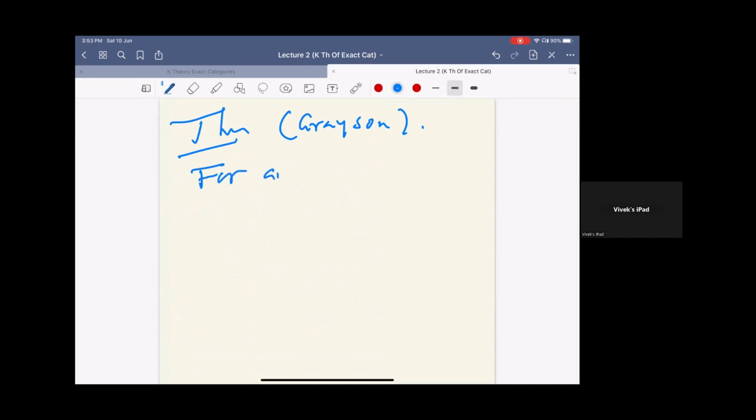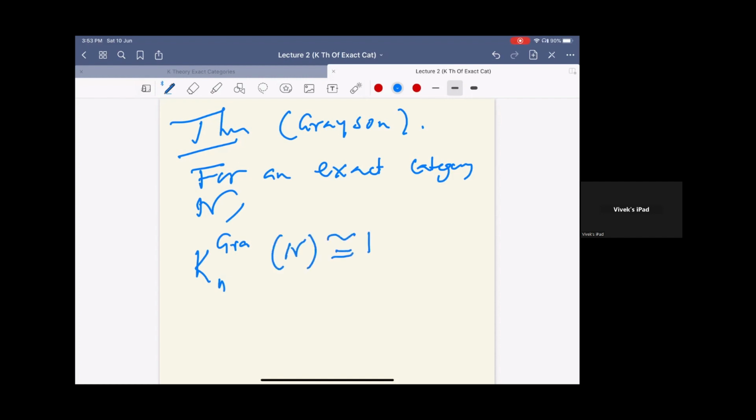So for an exact category, the definition that Grayson gave is isomorphic to the definition I defined in the beginning. Okay. So that is the main theorem of Grayson's paper: he defined K-theory algebraically, and then he proved that the K groups he defined are naturally isomorphic to the classical definition.